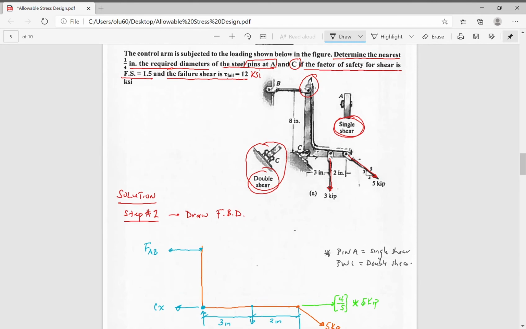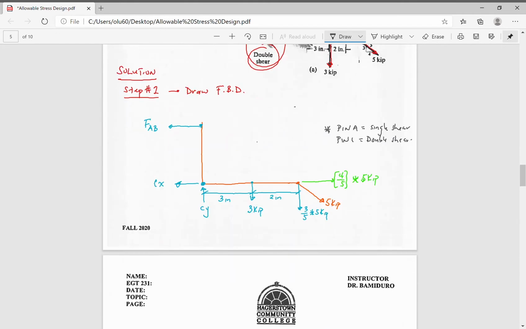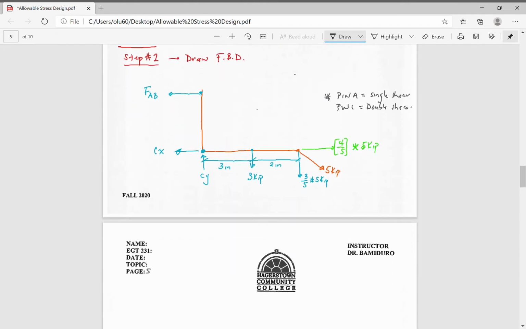So we can now go to this allowable stress design.